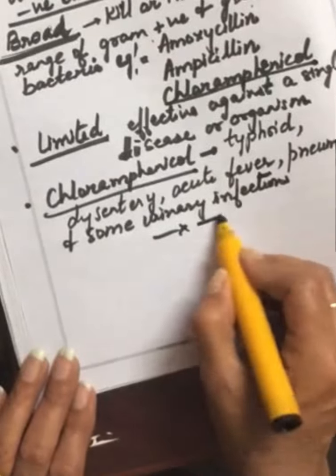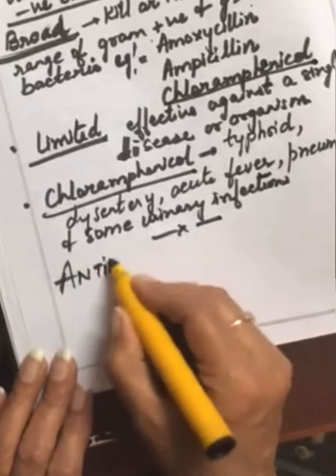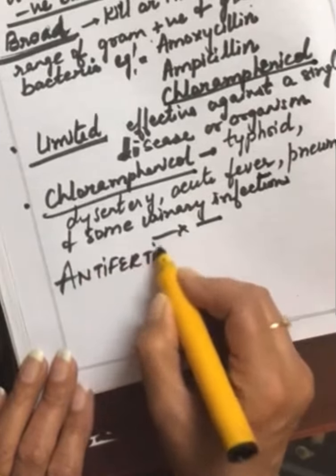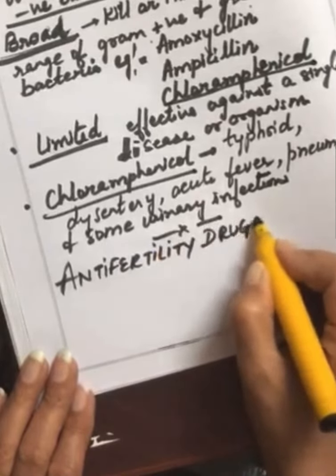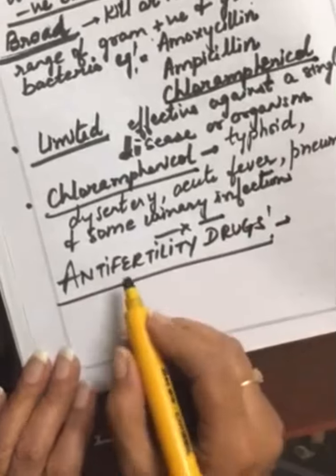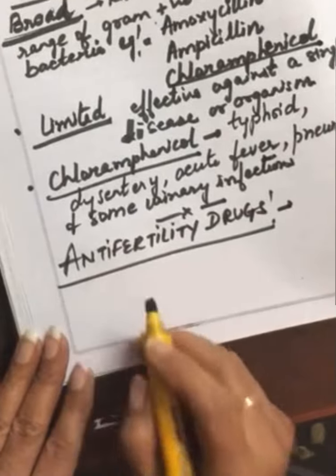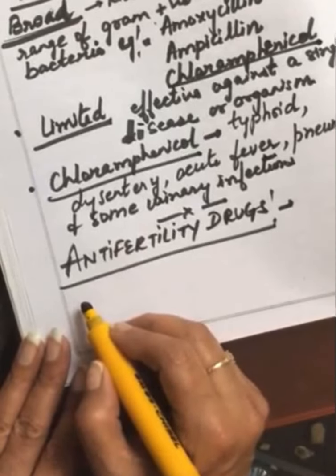Moving on to the next part, anti-fertility drugs. The last type. We know the problem because of the increase in the population.